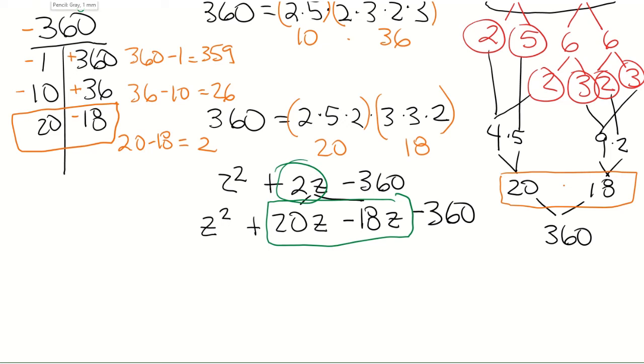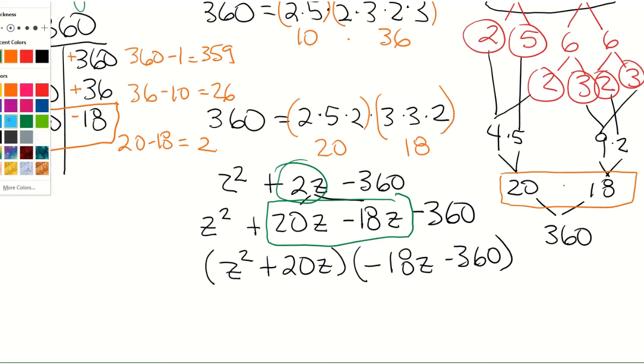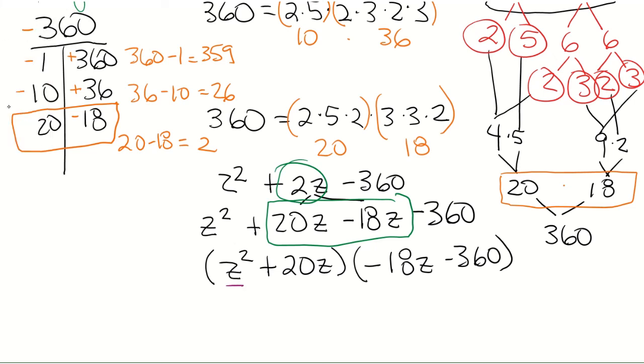The way that I can do that is by grouping. I can take my z squared plus 20z, and I can take that minus 18z minus 360. And then I'm going to look for what are common factors that I can pull out. So this is a z and a z, so that means I can pull z out in front.